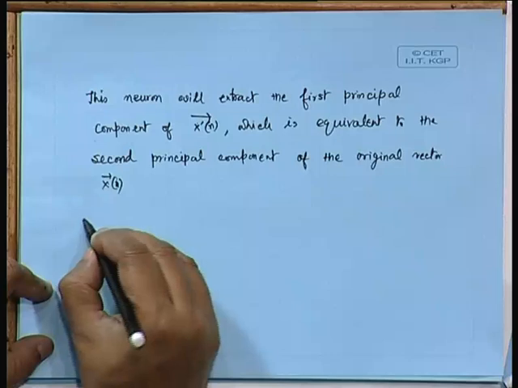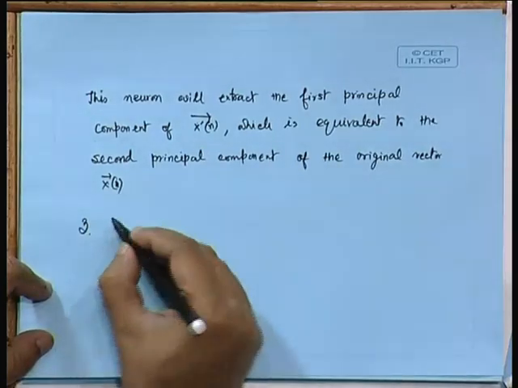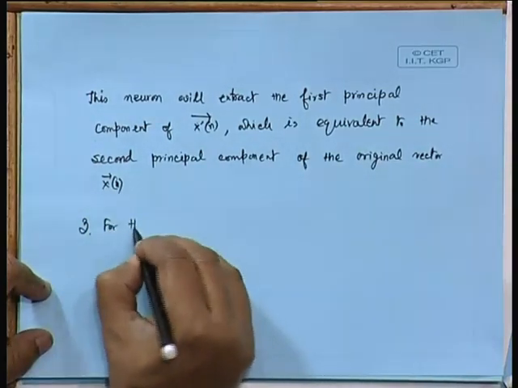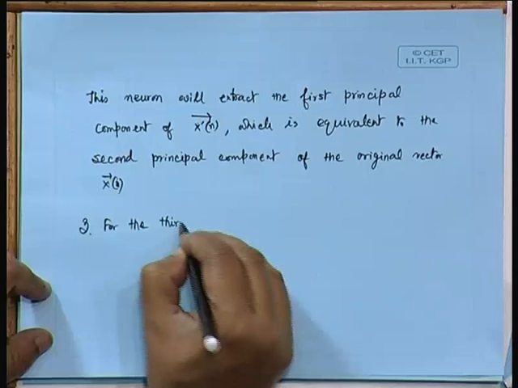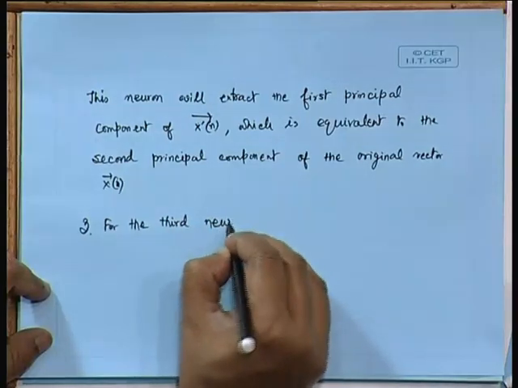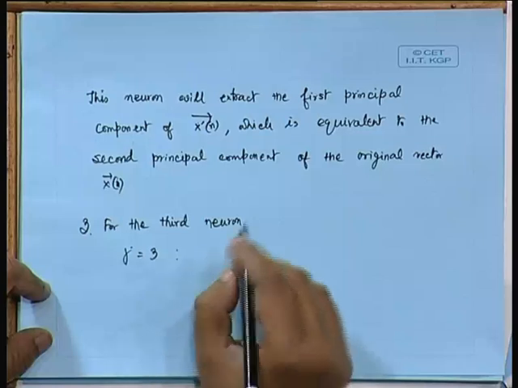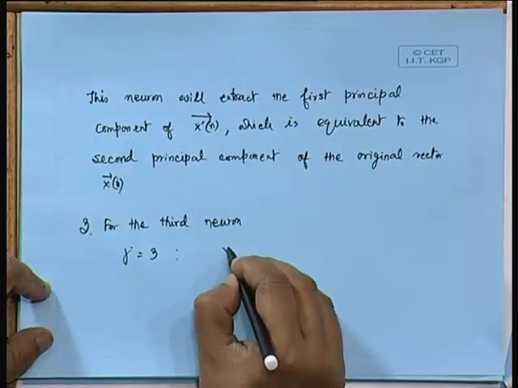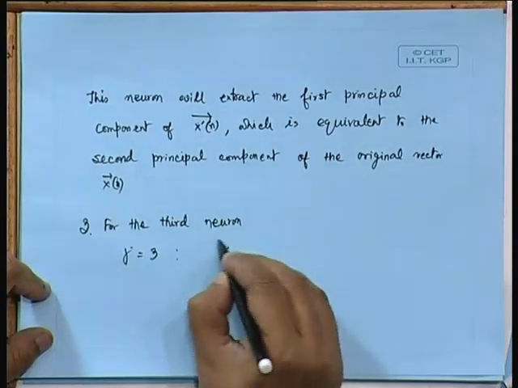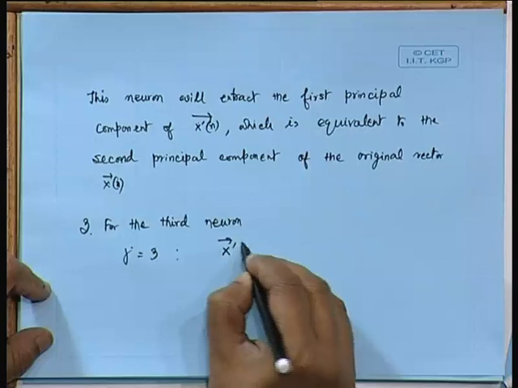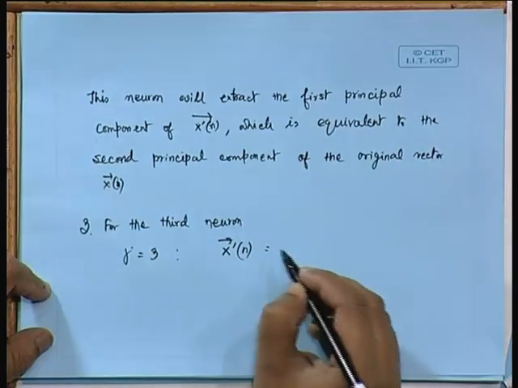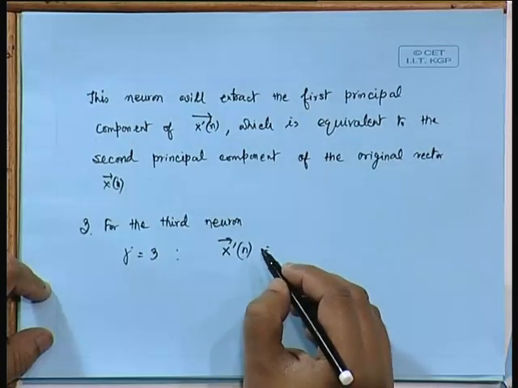So, if we now take the third neuron, for the third neuron definitely we have j is equal to 3, and there what will be x prime n? What will be the x prime n for the third one?